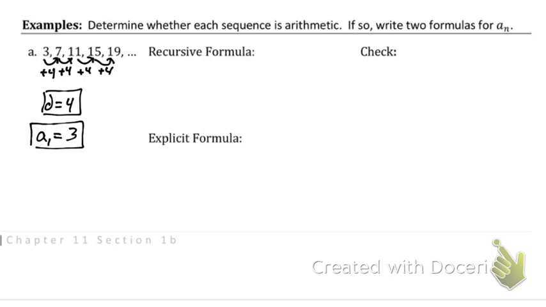Recursive formula, for an arithmetic sequence, you're always going to do the exact same thing. You're going to go a sub n is going to equal a sub n minus 1. Now all we have to do is tack on our common difference. So that is just plus 4.